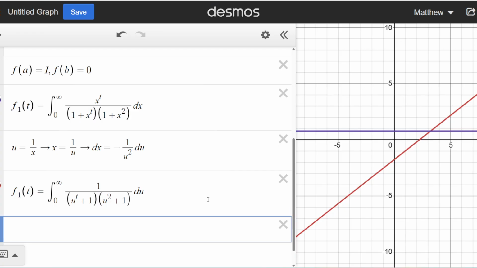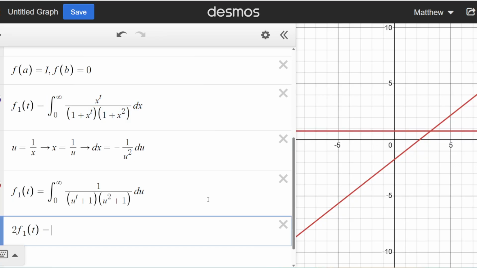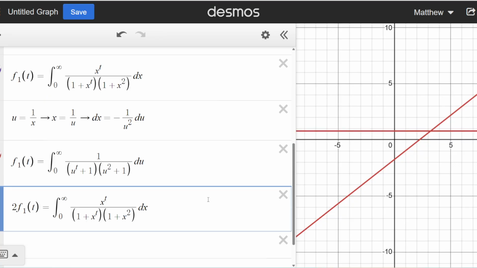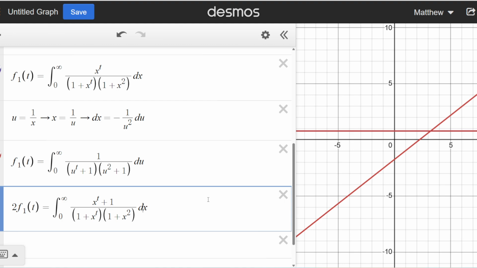So now we can add this version and this version together to give us 2 f prime of t is going to be equal to this. After you switch the dummy variable back to x here, you'll just get this.